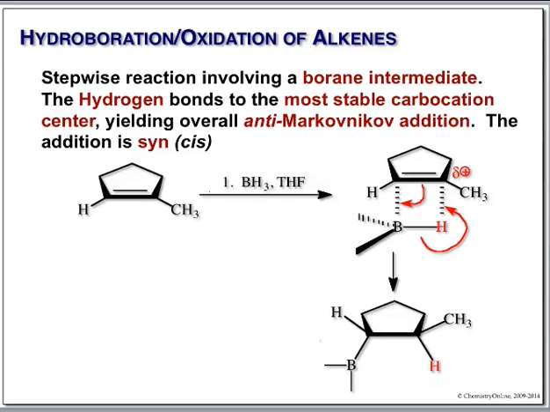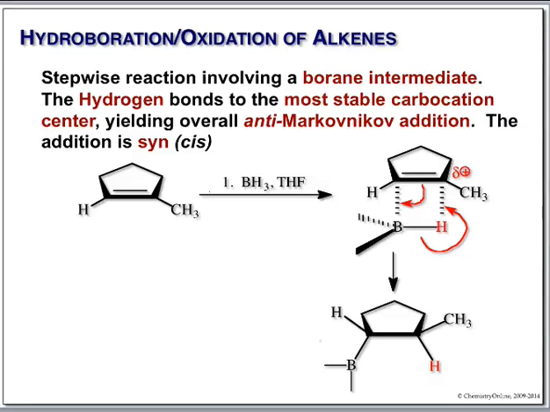And so it's going to go to the carbon that's the smallest. So here we have a methyl group, little tiny hydrogen, prefers this just based on size, and the fact that this is tertiary means it accommodates positive charge better. So it lines up like this, both of these bonds happen at the same time, and we get this intermediate.